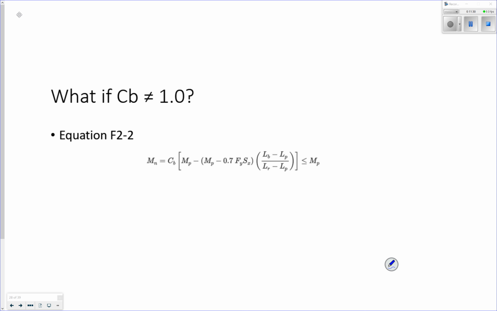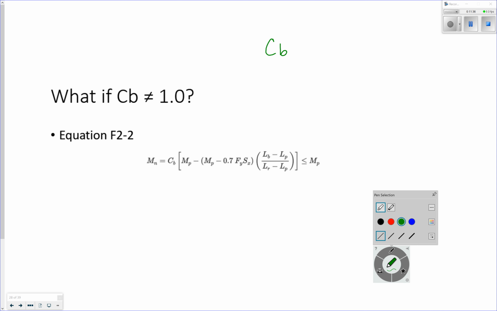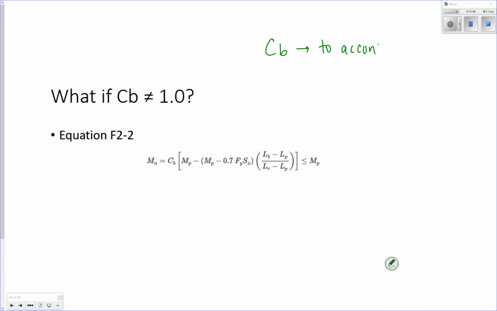A reminder, my Cb factor is to account for non-uniform moment along the length of the beam.